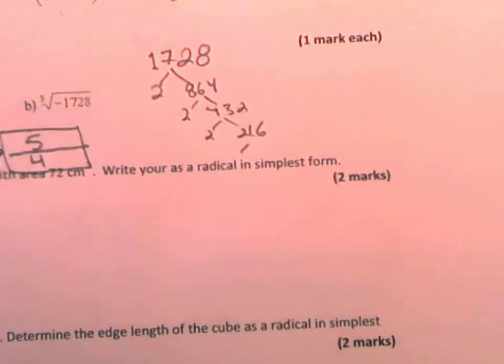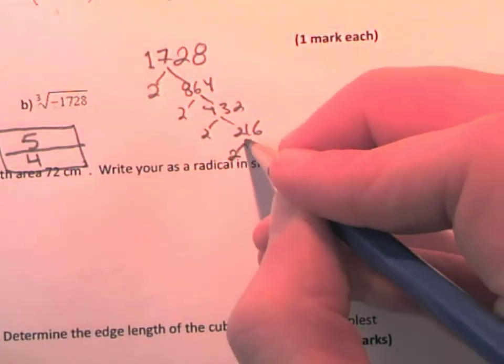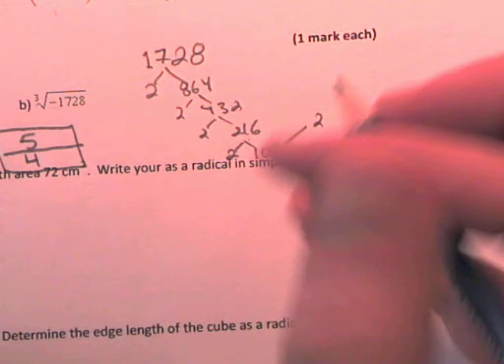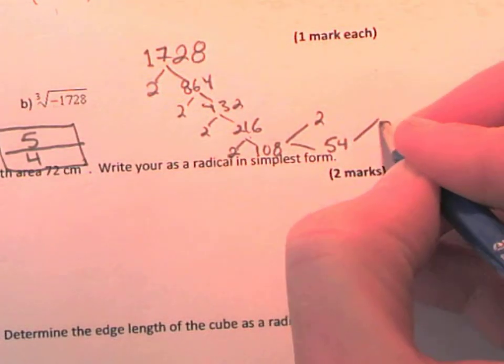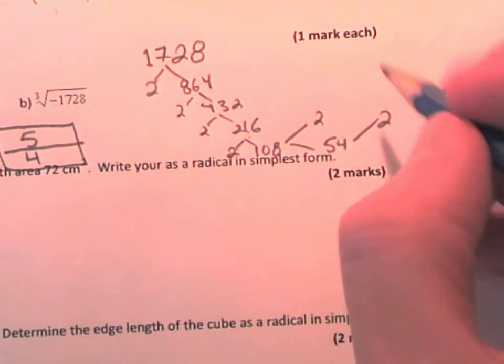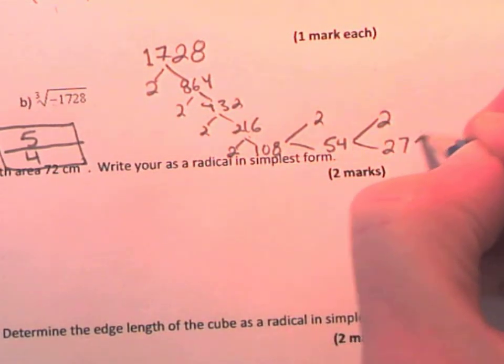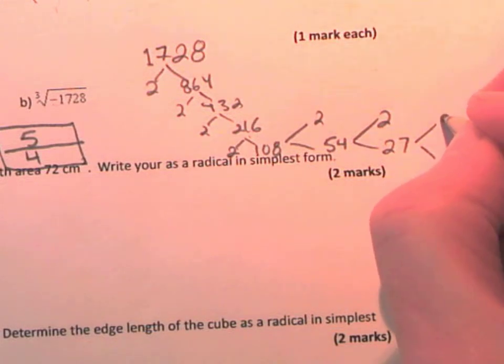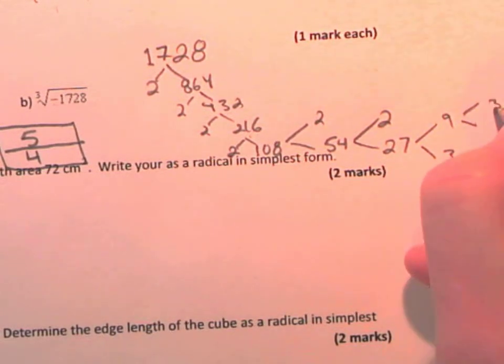And then another 2. And another 2. Another 2. Finally, no more 2s. 9 to the 3 and 3 to the 3.